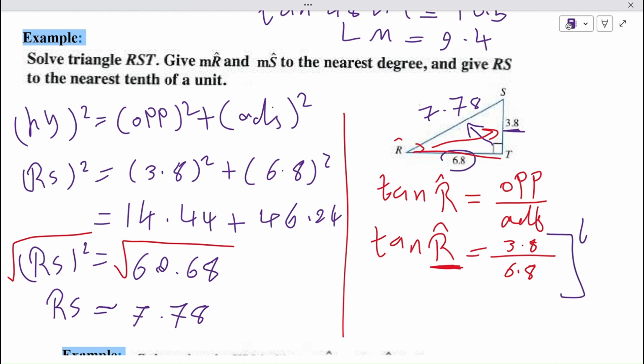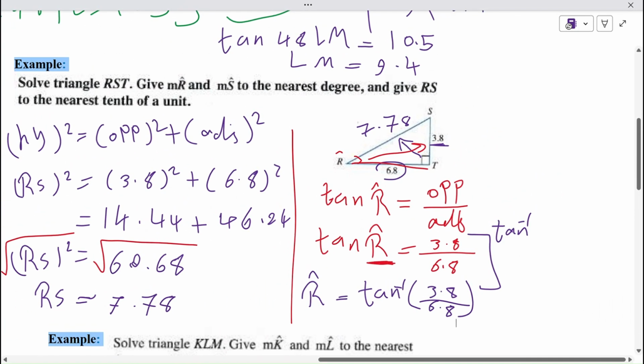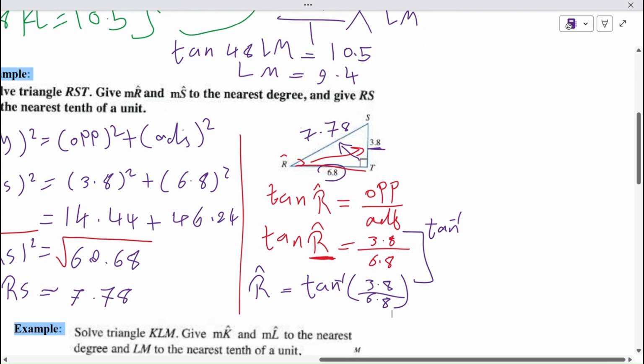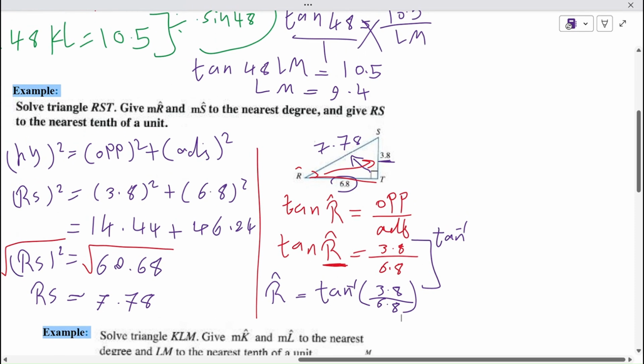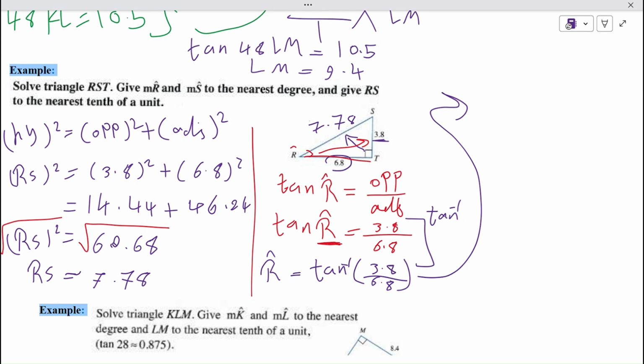R is equal to tan inverse of this fraction, 3.8 over 6.8. You can use the calculator to find it. By using the calculator, you will get R is equal to 29. This is the degree of R.